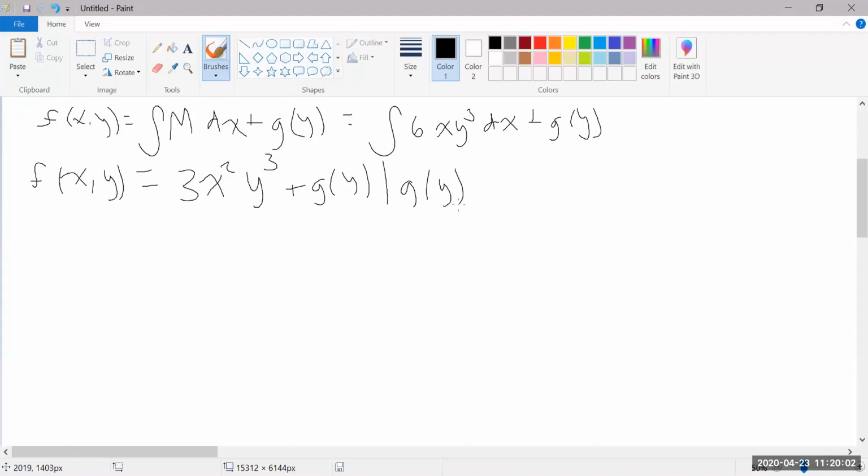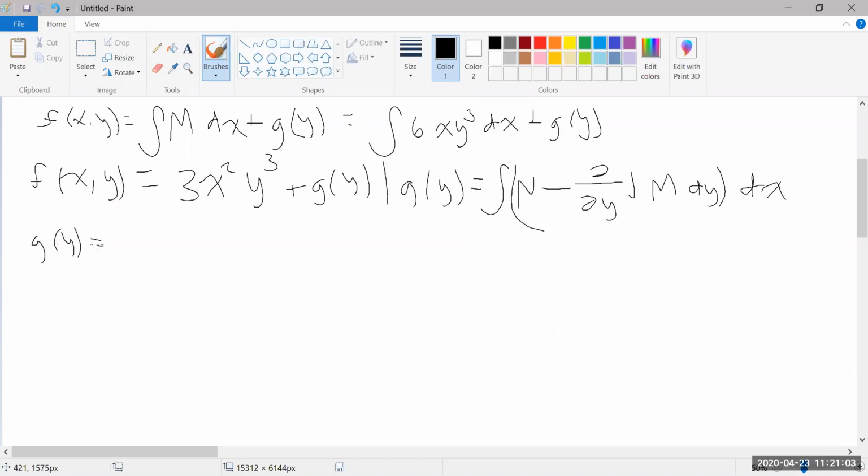So we know our g of y equals the integral of N minus the partial with respect to y of the integral of M dx, and the whole thing being integrated over dy.